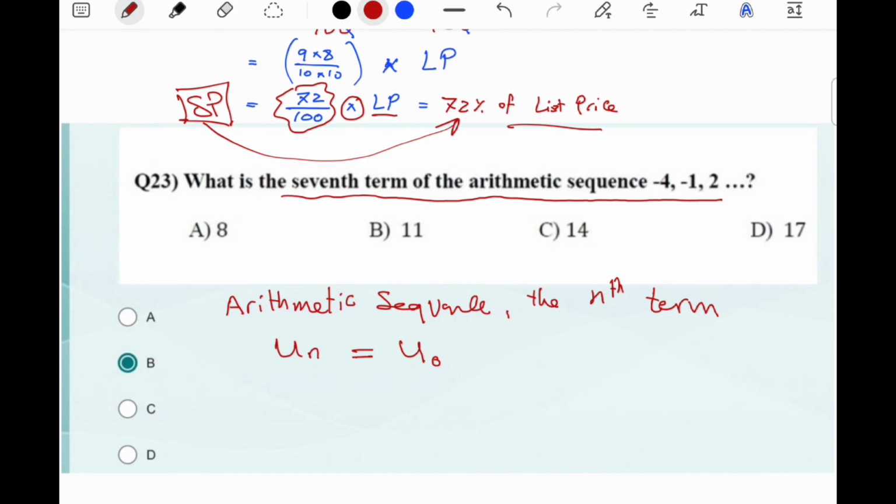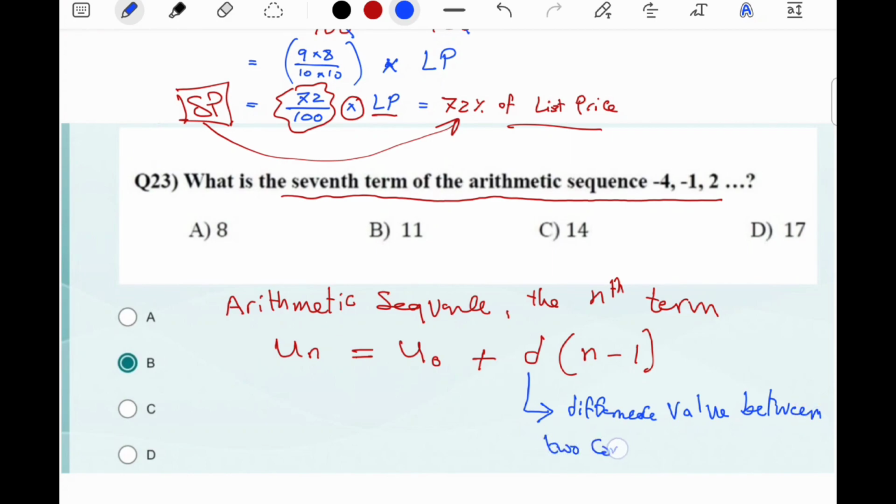U0, the first term, plus D times n minus 1, where D represents the difference value between two consecutive values, or two consecutive terms.